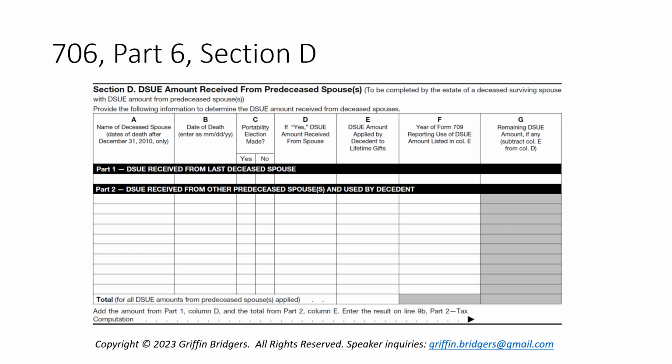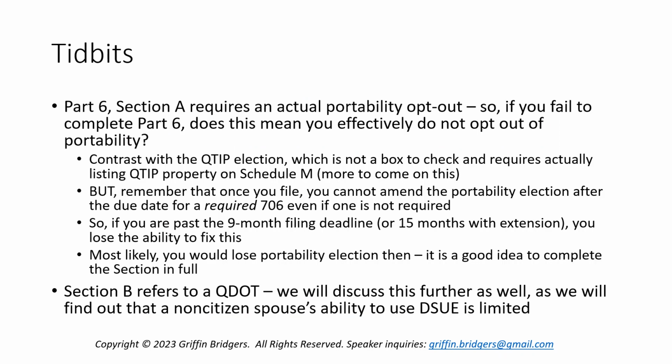So you get to carry all this over as your applicable exclusion amount and then apply it as credit against the estate tax that's due on the combination of the taxable estate plus lifetime adjusted taxable gifts. So, some quick tidbits.